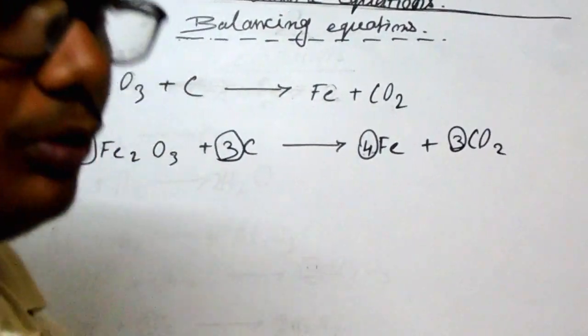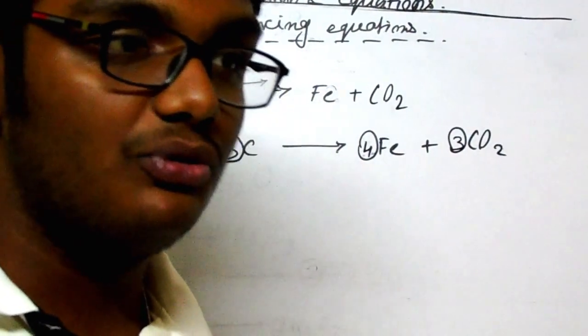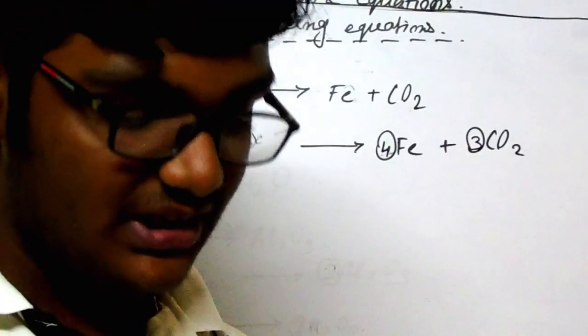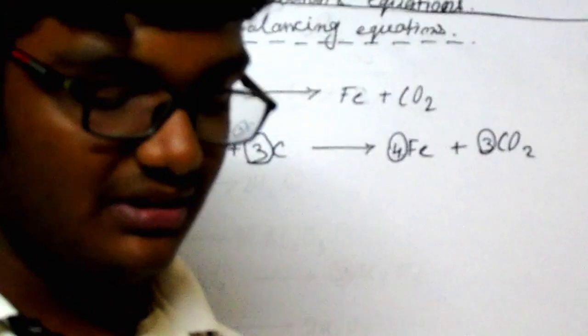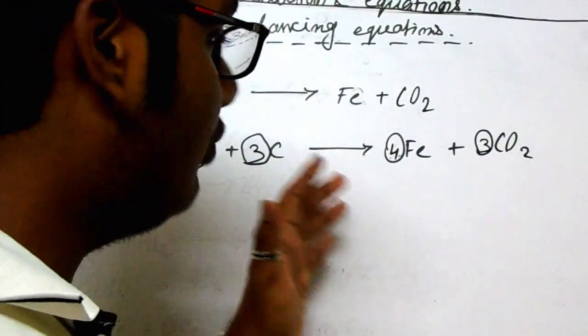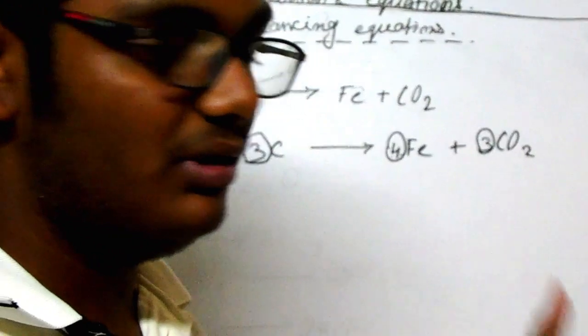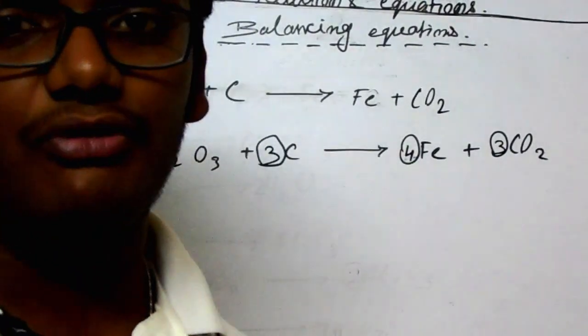And for scoring good marks in boards or in the examination, one thing we have to do is read the NCERT very thoroughly. We will not leave a single line of that NCERT book, because whatever question comes in your examination will be from your NCERT book. Nothing will be outside your NCERT book.